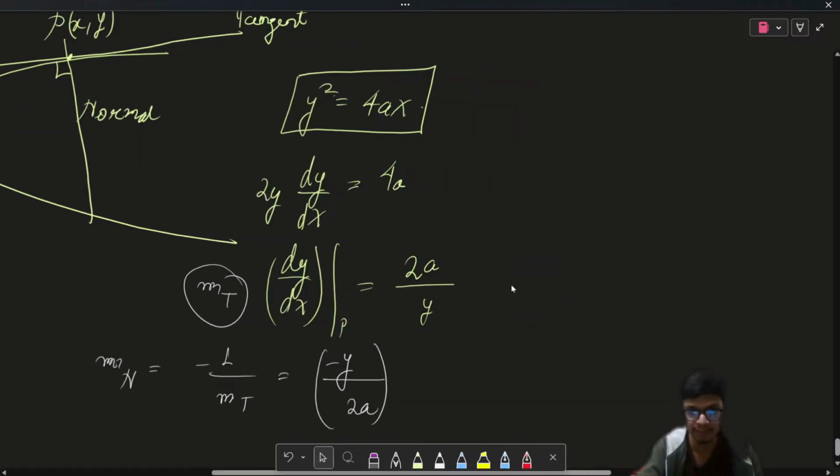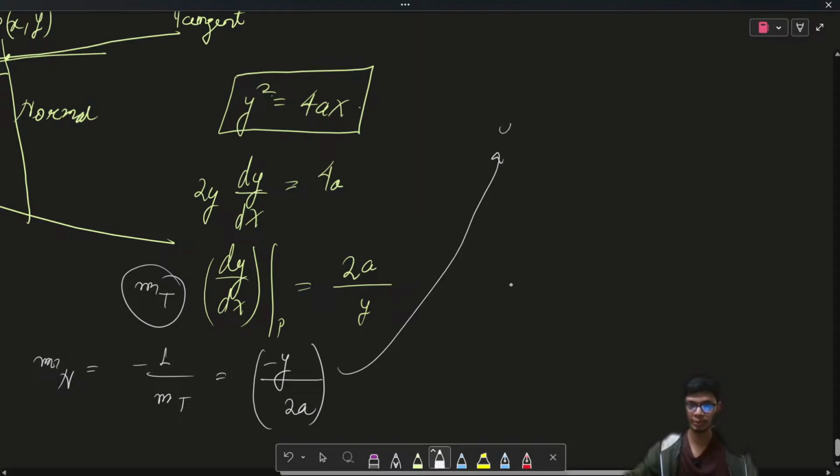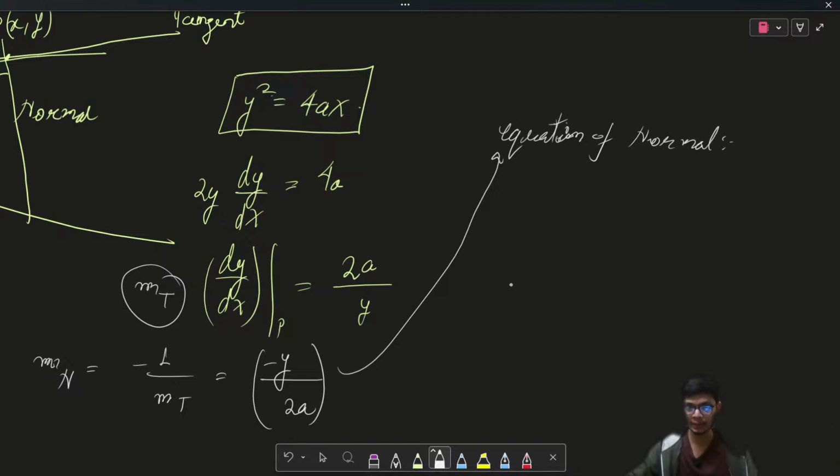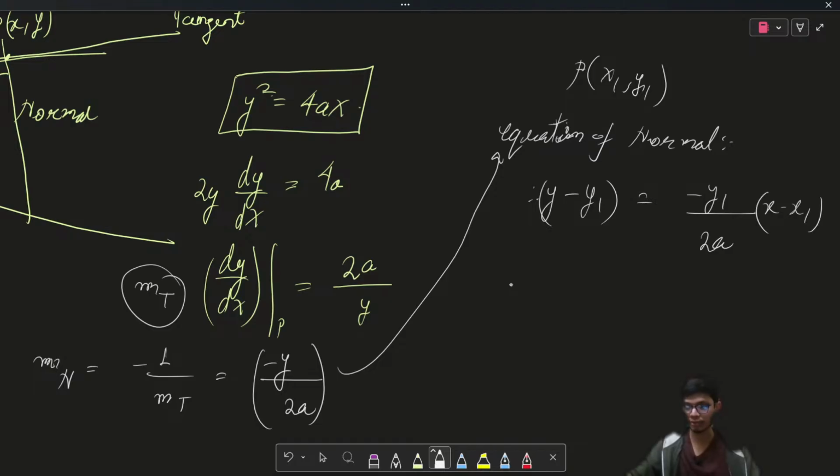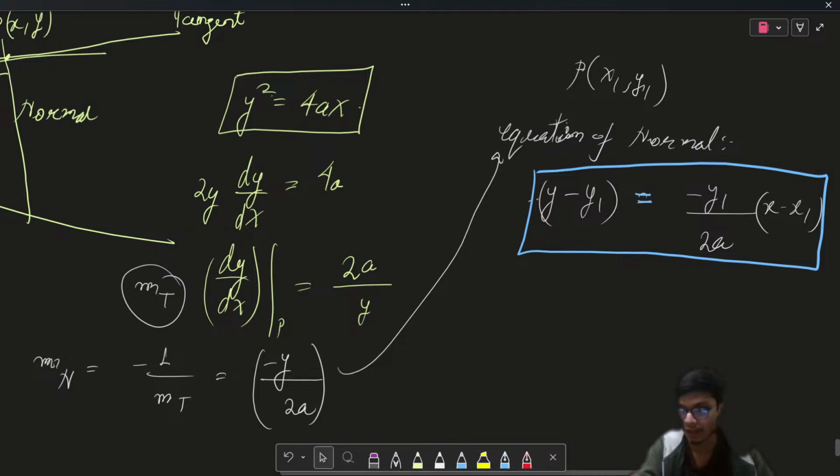In a similar manner, the equation of the normal to the parabola at point P, let us say (x1, y1), is y minus y1 equals minus y1 by 2a multiplied by x minus x1. If I simplify this, this is how the equation of a normal to a parabola looks.